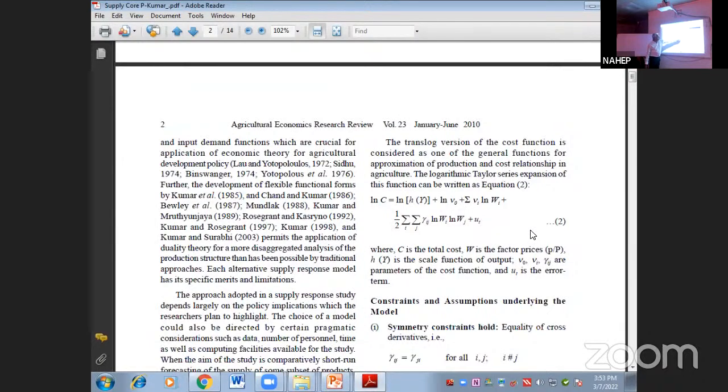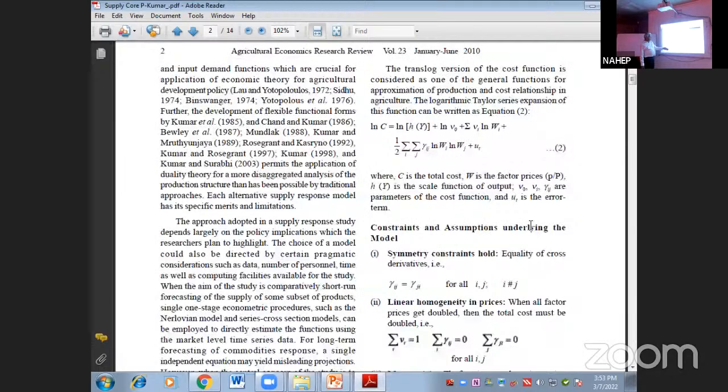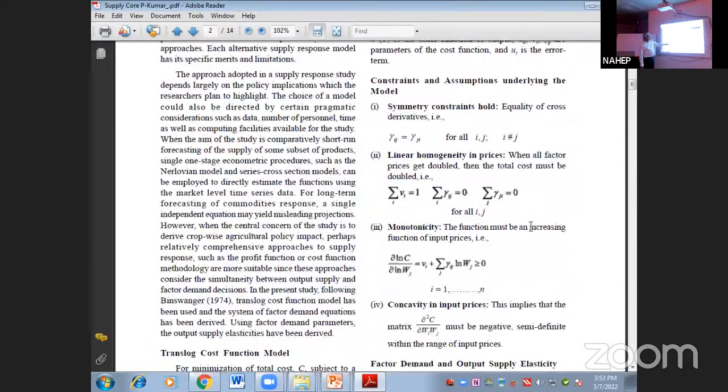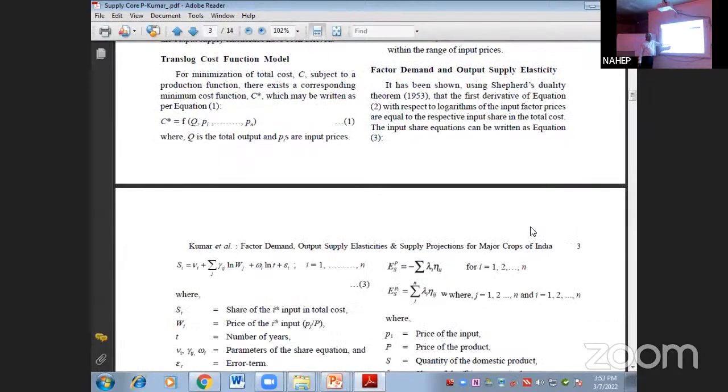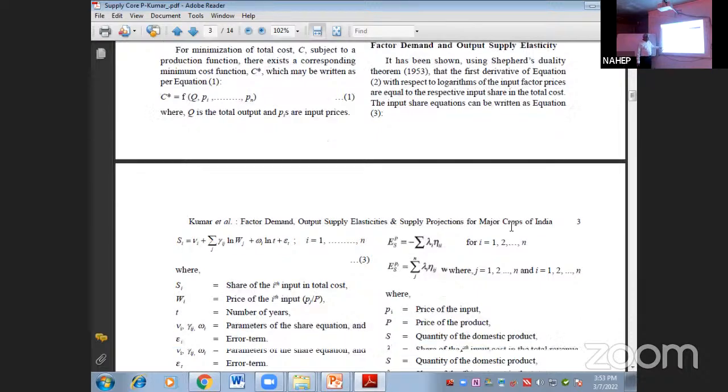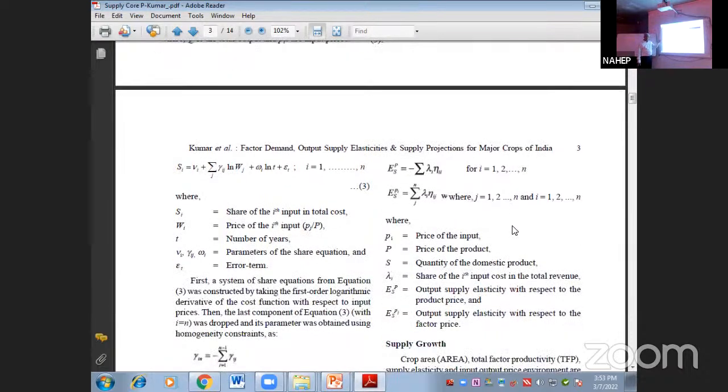This is the translog model, and then I apply all these conditions. Then I apply this share equation we estimated, and we impose the restrictions. And from there, we derive the output price elasticity and factor demand elasticity.